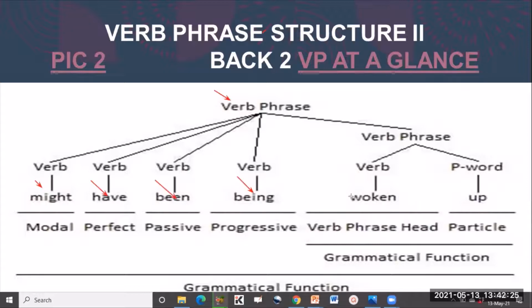And this is the main verb. Might have been woken up. So this is a rather long and complicated structure, but that gives you insight into the kinds of verb elements that can combine to form a verb phrase.